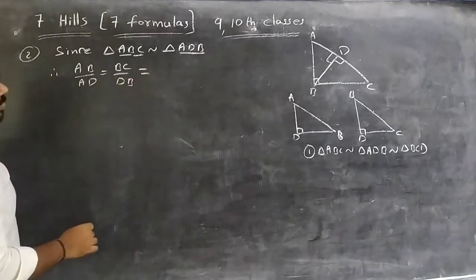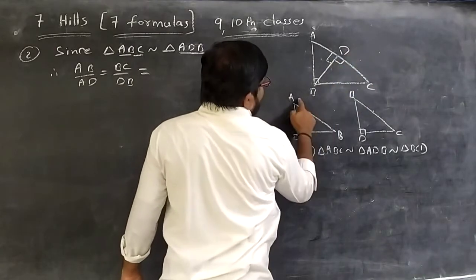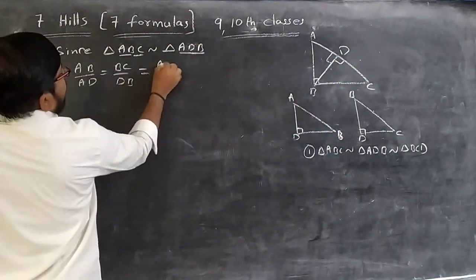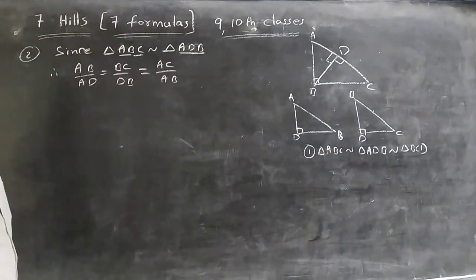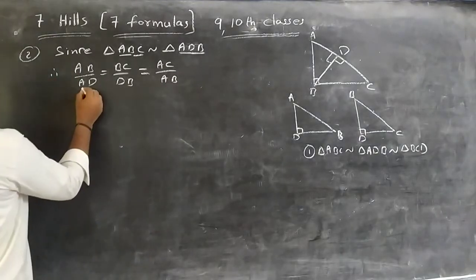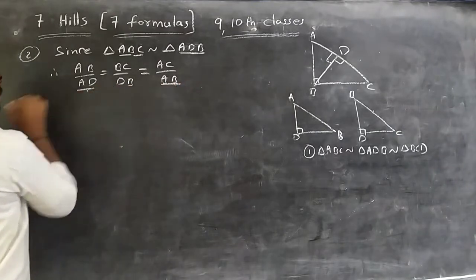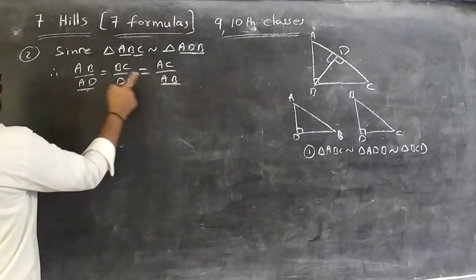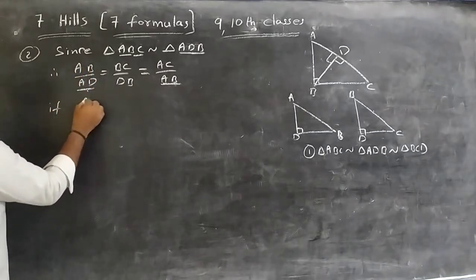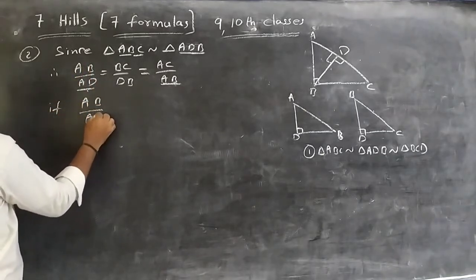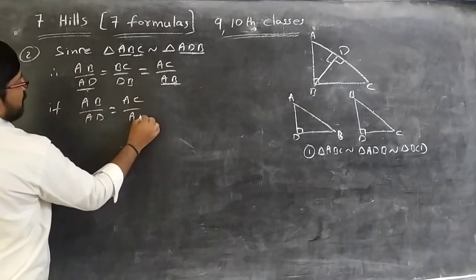That is equal to AC by AB. So by taking the first and last, AB by AD is equal to AC by AB.